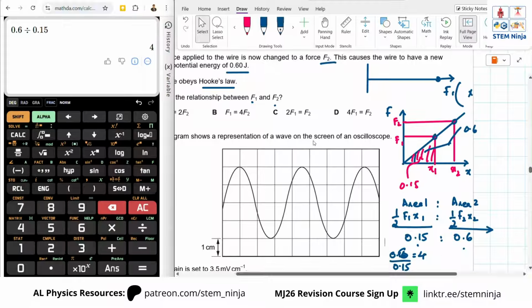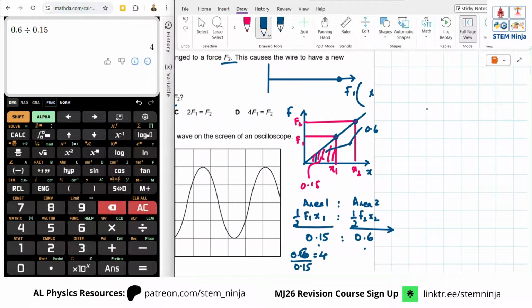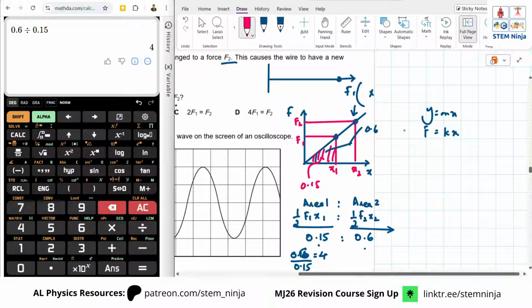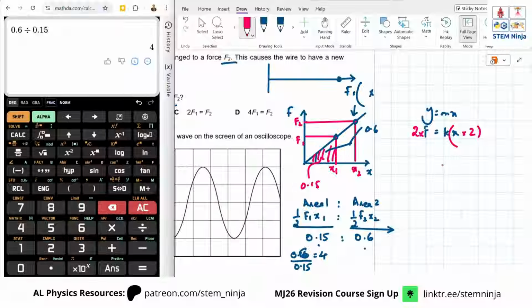However, since this is along the same straight line, y is equal to mx, that is F is equal to kx, the gradient is the same. The gradient remains the same. So we just need to see where you are getting this value. According to this, if you double the force, you will have to double the extension also.